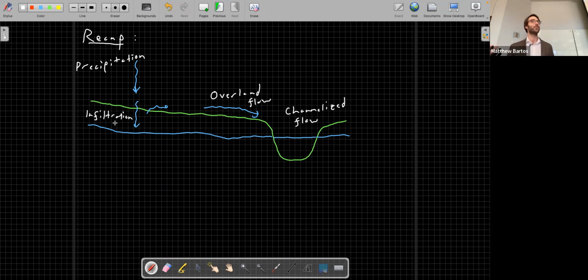That we obtain from Green-Ampt or from the SCS method, but we still need to understand how it routes into the channel network. That's what I'm going to be talking about for the next section of the lecture. We're going to particularly be talking about the unit hydrograph approach. Has anyone heard of the term unit hydrograph before?